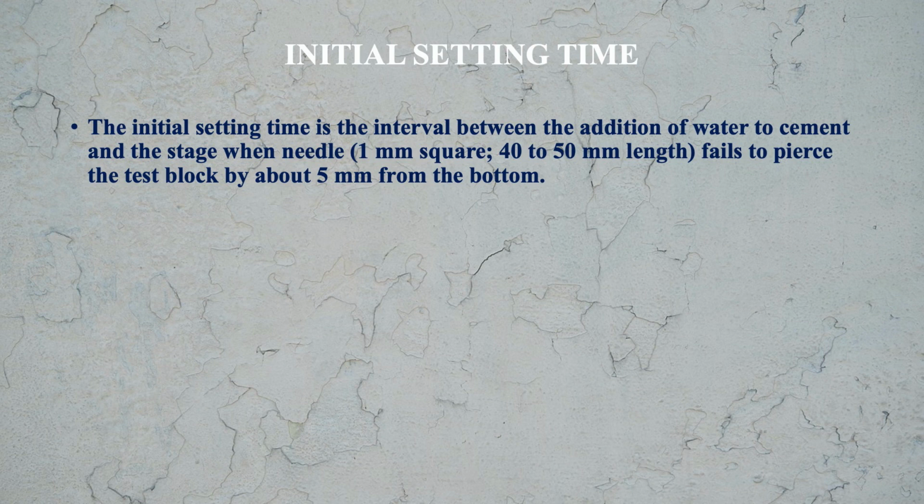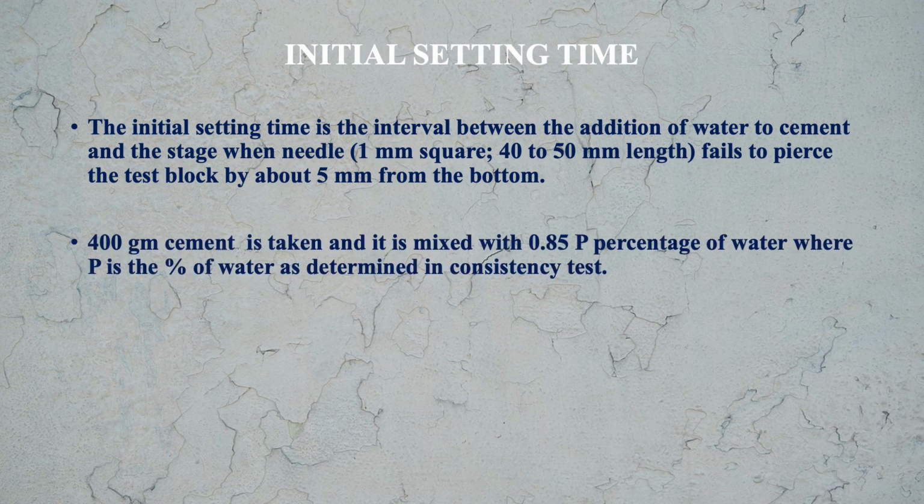Then we say that this is the initial setting time. In this test, 400 grams of cement is taken and mixed with 0.85 p percent of water, where p is the percentage of water as determined in the consistency test.